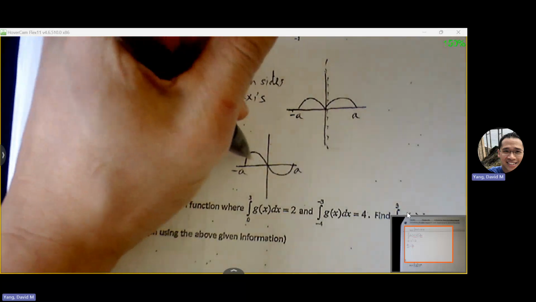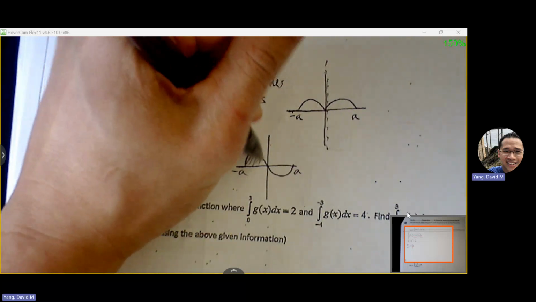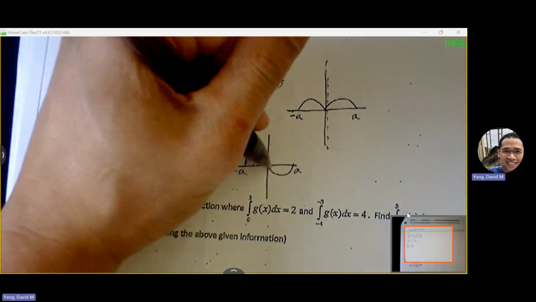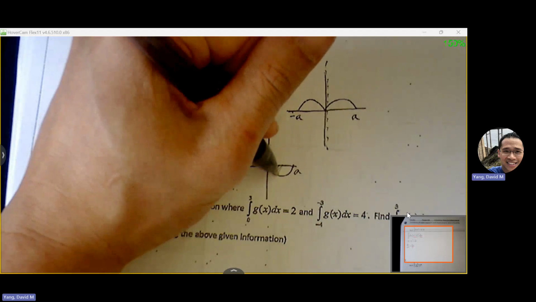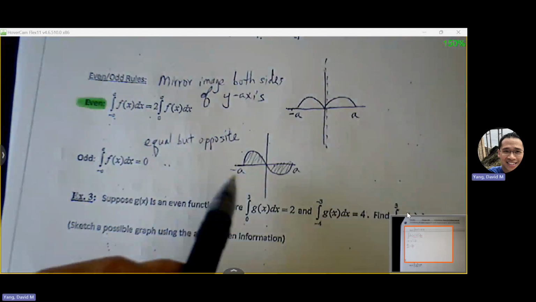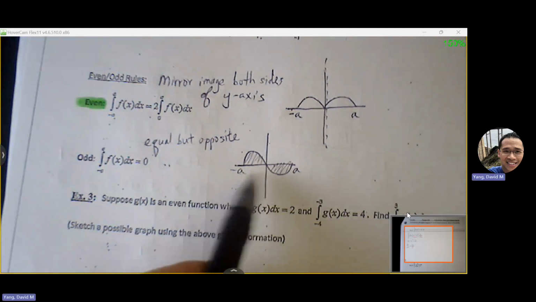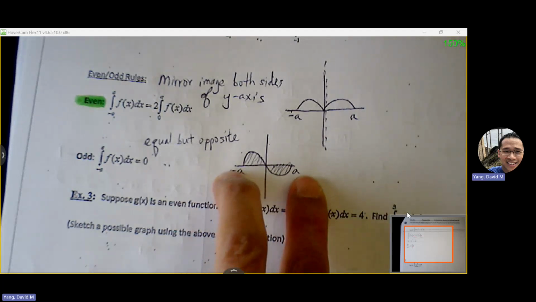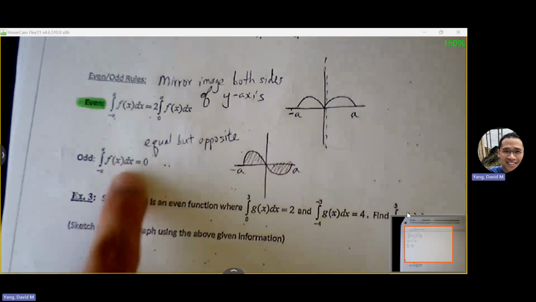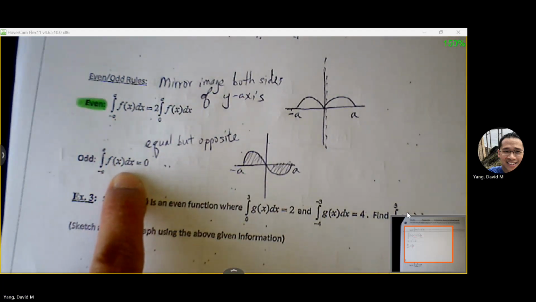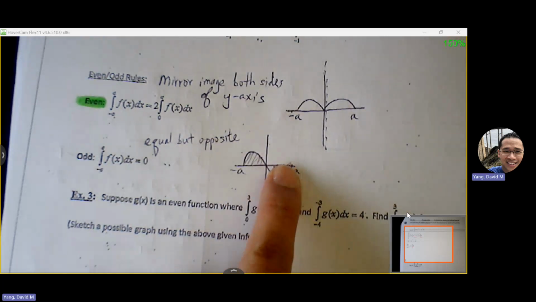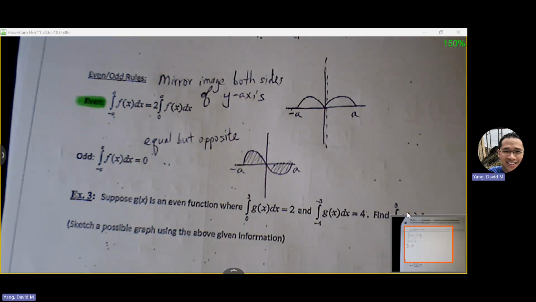Let's say from -a to 0, there is an area of 4. Then the area from 0 to a, or the definite integral, will be -4. And if I were to add the values on either side, as long as I'm the same distance away from the y-axis, it'll always zero out. Whatever I have on one side, I will have equal but opposite on the other side.